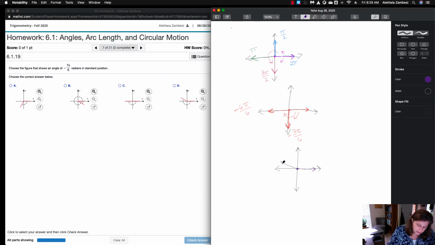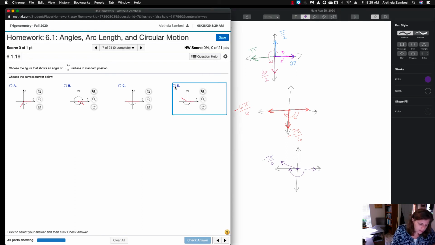I'm going to go a little bit further than that to -7 pi over 6. So I'm looking for an angle that looks somewhat like that. If it were +7 pi over 6, I would end up right about here. So I'm going the same distance, just in the positive direction instead. All right, looking at these, looks like D is the winner.